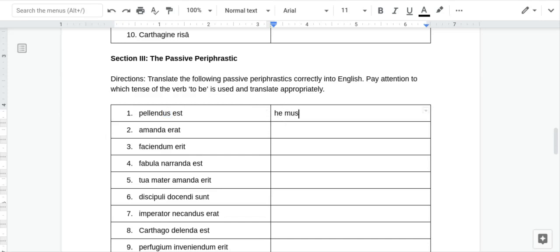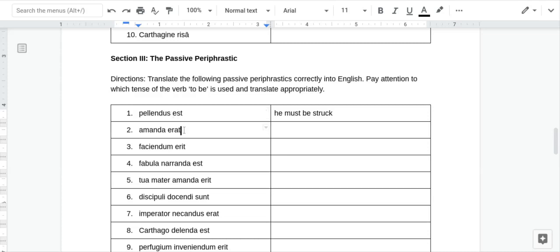He must be struck or hit. Literally, he is about to be hit, which in English we kind of create this necessity: he must be struck, or he must be hit.